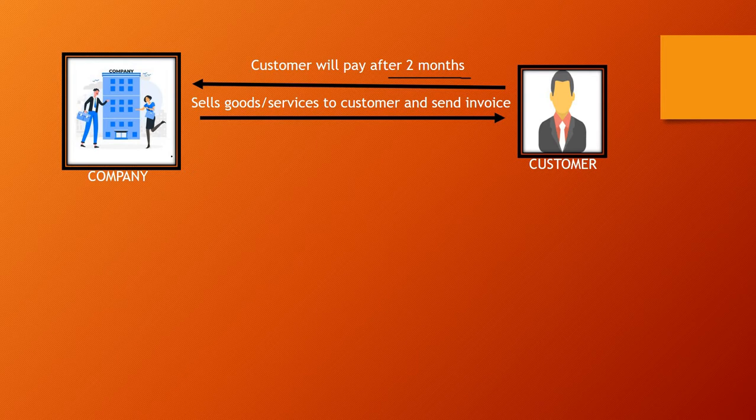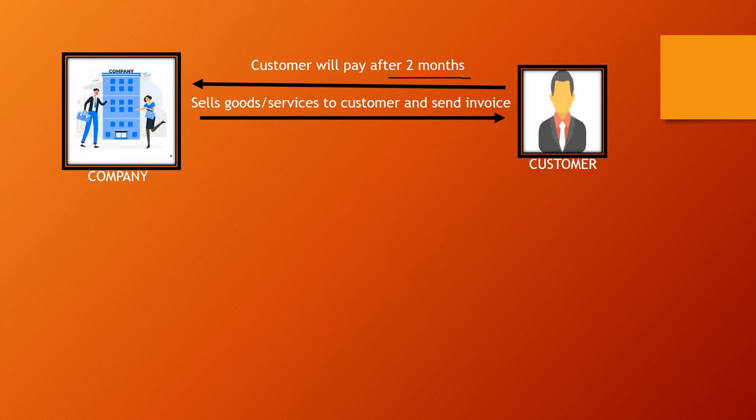Now when the company gets a very big order, the company has two options: either to approach the bank and take a loan to purchase the raw material, or to say no to the order. If the company says no to the order, the company is going to lose some profit. So the company has to borrow the money from the bank.